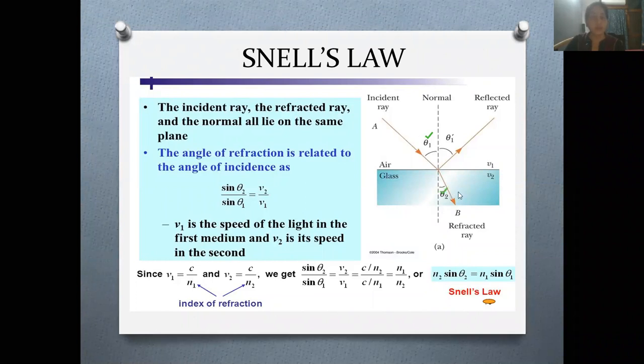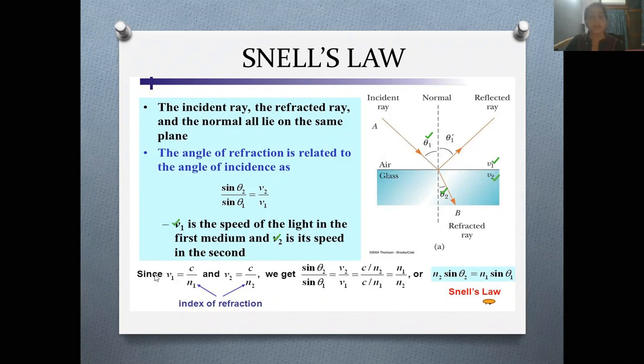So sine of theta2 upon sine of theta1 is equal to velocity in glass upon velocity in air, where v1 is the speed of light in the first medium, v2 is the speed of light in the second medium.